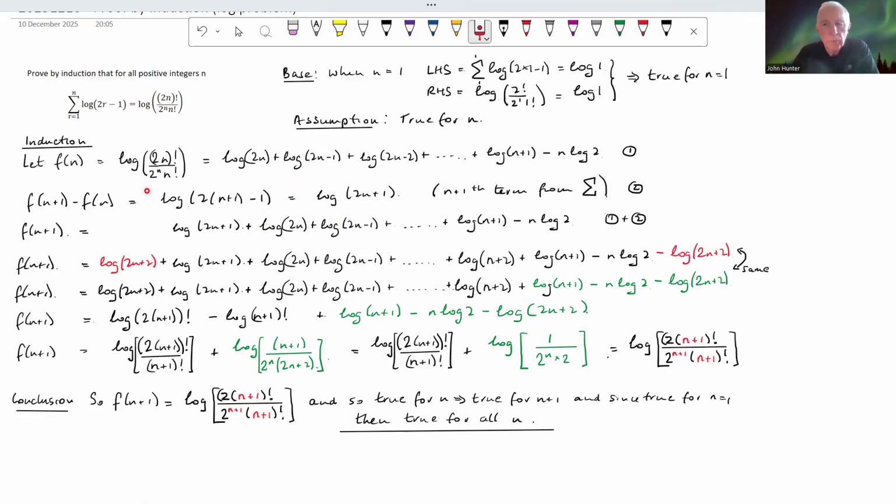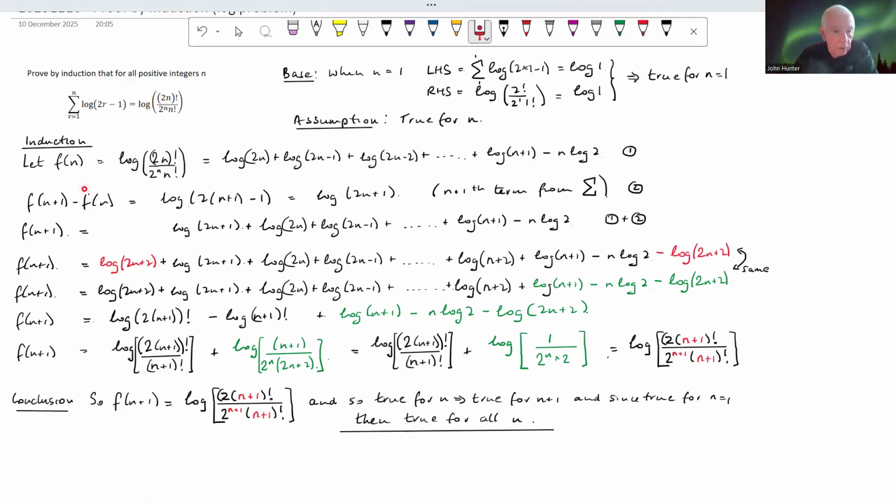The broad approach is to look at this, add in the n plus 1th term, which we can derive by looking at what that extra term would be if we were going to n plus 1, add those together and then rearrange. What we should end up with is something that looks very much like this, except with n plus 1 instead of n. That establishes that it's true for n plus 1.